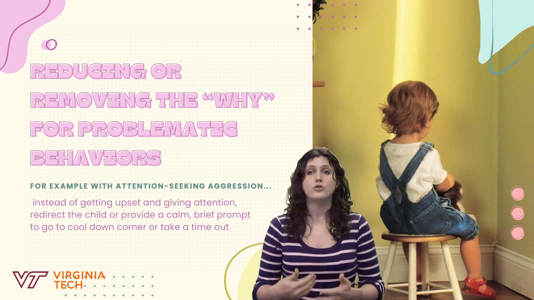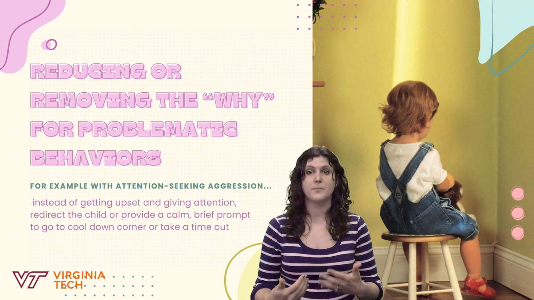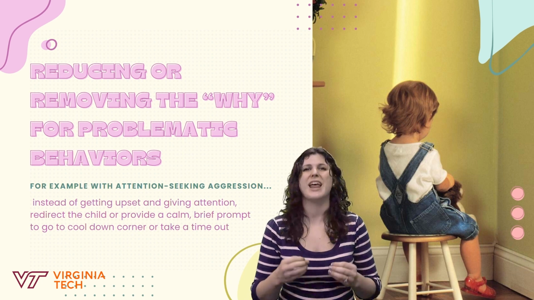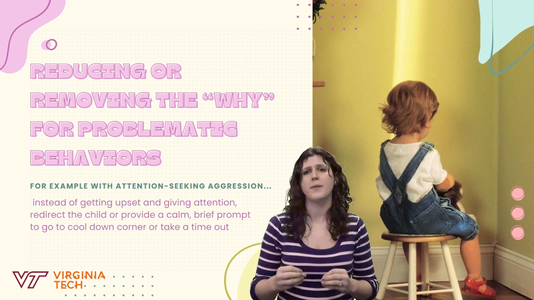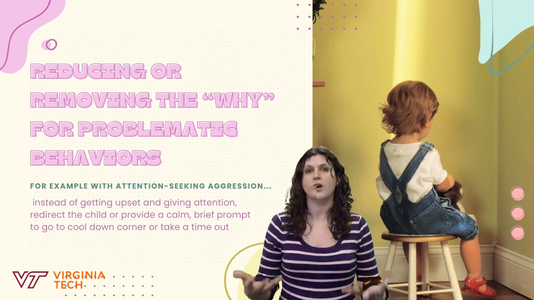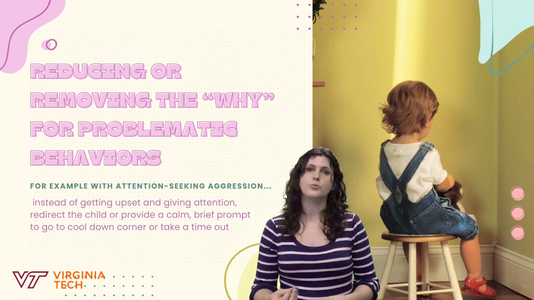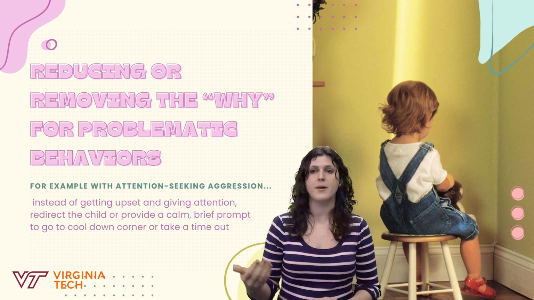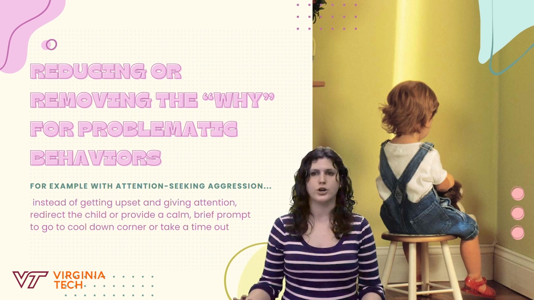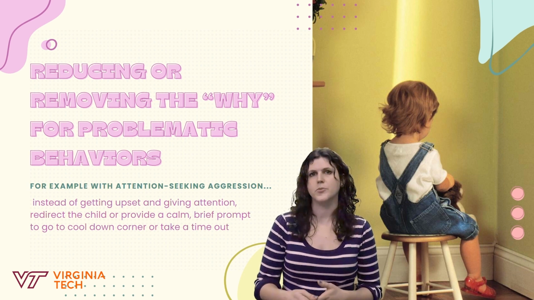Remember, your usual reaction of yelling, reprimanding, or hitting the child back in these situations would actually reinforce that problematic behavior of aggression. So dialing down how strong your reaction is in this example can actually help reduce the likelihood that that problematic behavior of hitting will occur again, while still communicating that this is an unacceptable behavior.